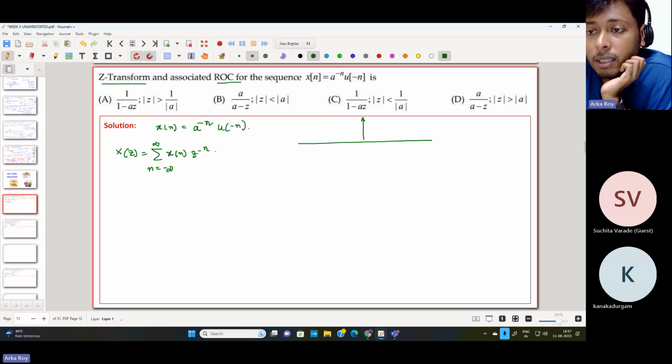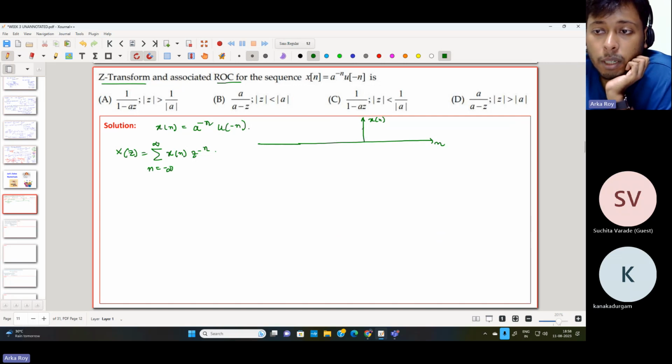Can you tell me whether the sequence is right-sided or left-sided? Left-sided. Yeah, this is a left-sided sequence.